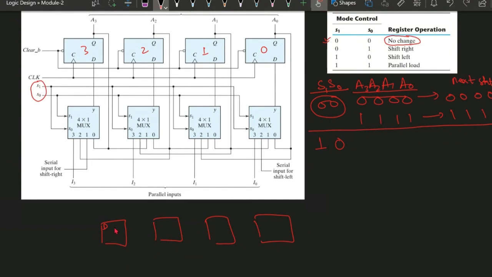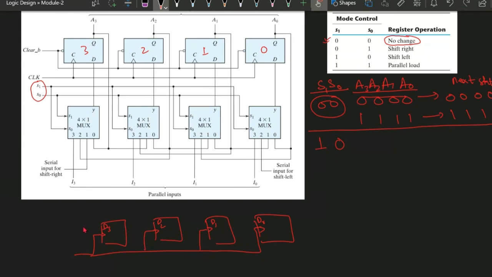If this is the shift register, this is D3, D2, D1, D0. If S0 is 0 and S1 is 0, whatever its output is, it is connected with itself. All the clocks are connected to the same clock.